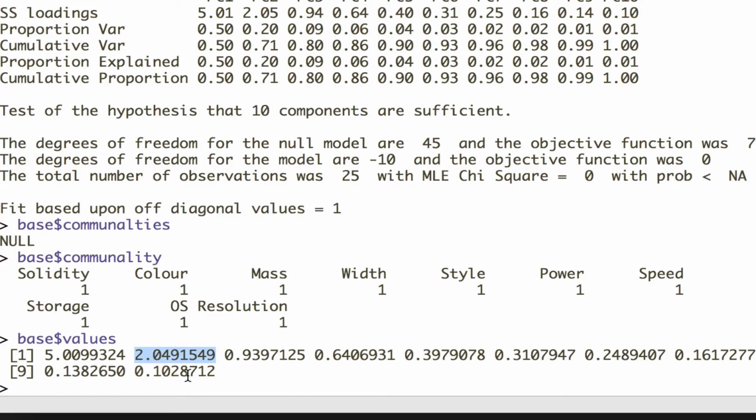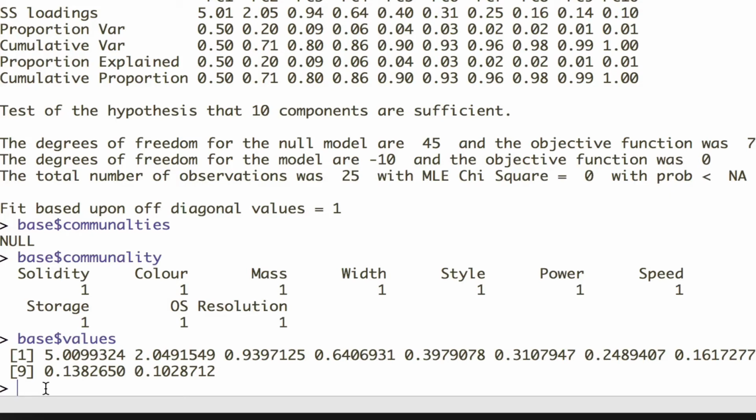Obviously you wouldn't have this if you collected real data, but I intended for there to be 2 components extracted. So you can see, even if we forget about the absolute value, if we look at the relative magnitude of these values, these 2 are a lot bigger than the ones that precede it. So we're going to keep 2 factors.